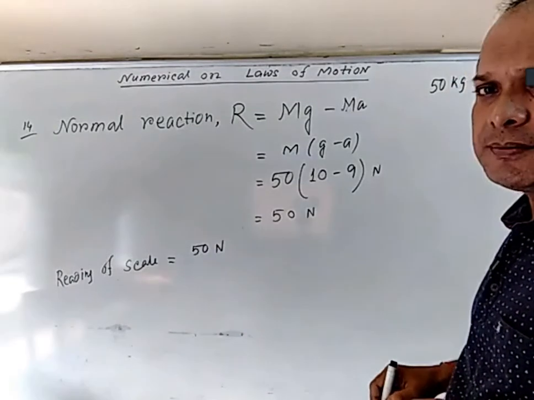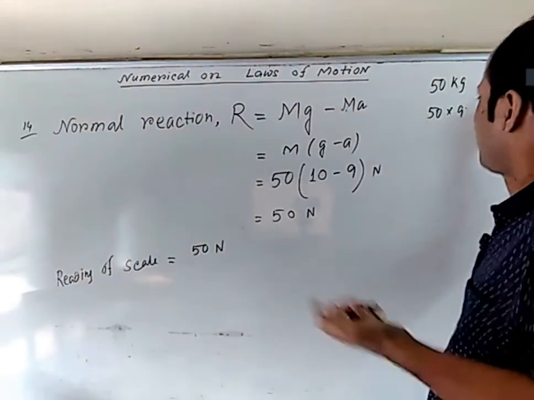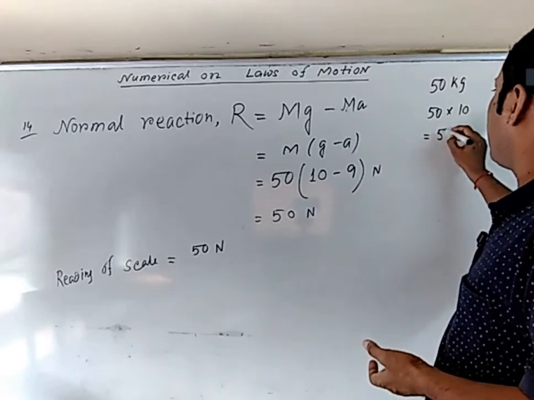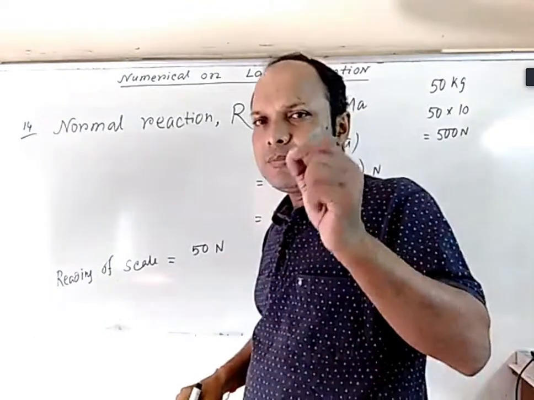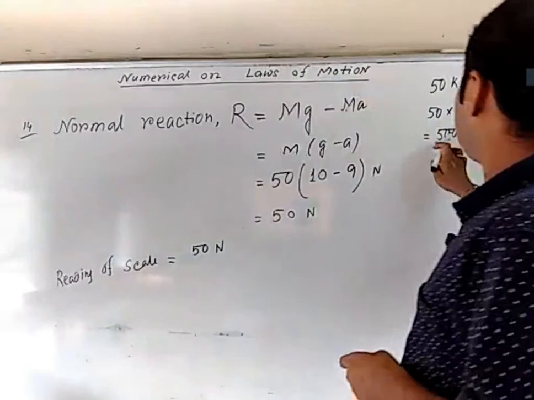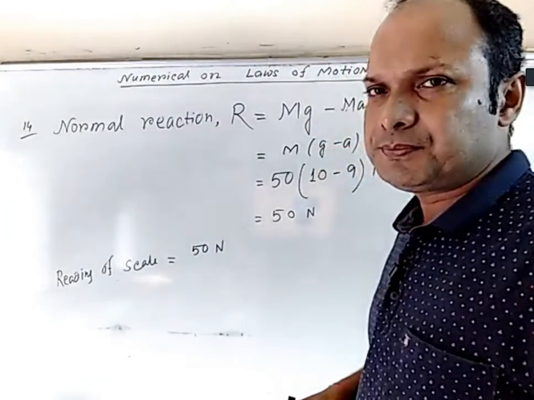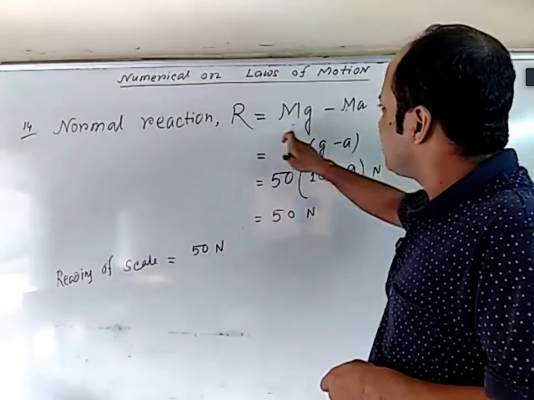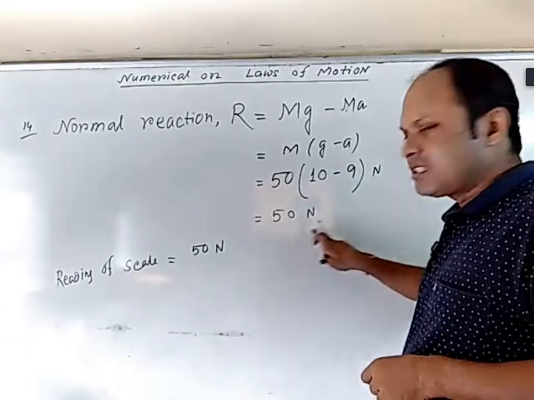Its weight should be 50 into 9.8, or it may be 10. So whenever the lift is static, the weight machine should show the reading as 500 Newton. But whenever it is falling down with some acceleration a, then this amount should be subtracted from that. And this is the normal reaction.